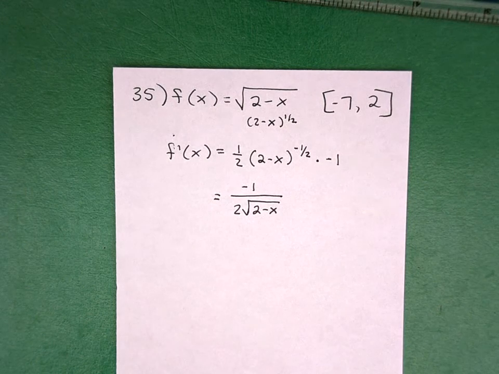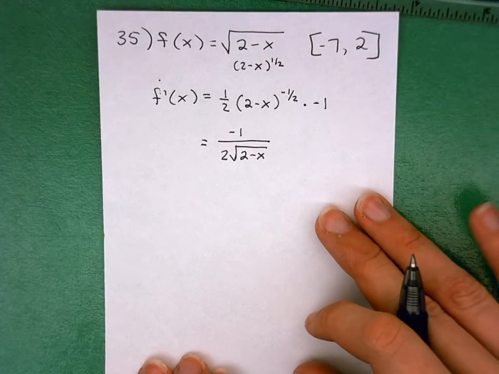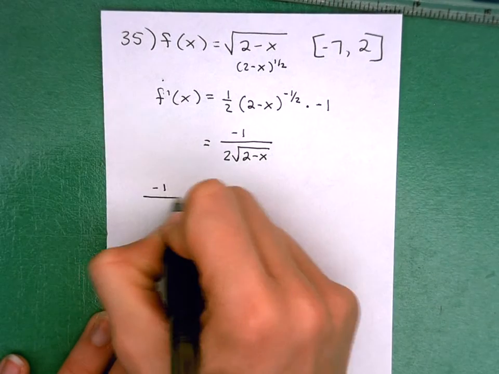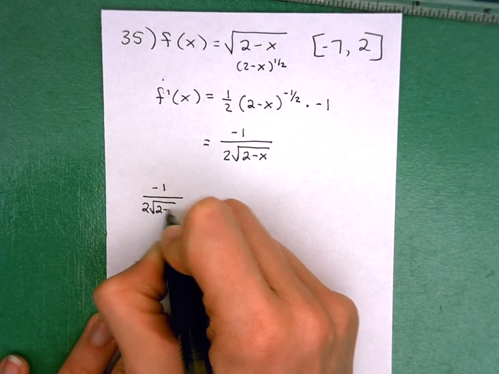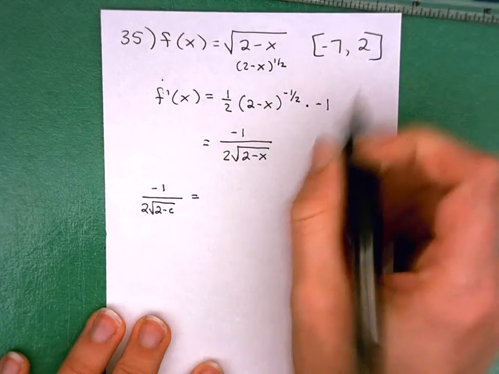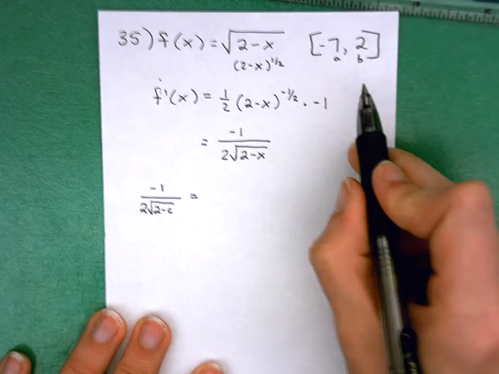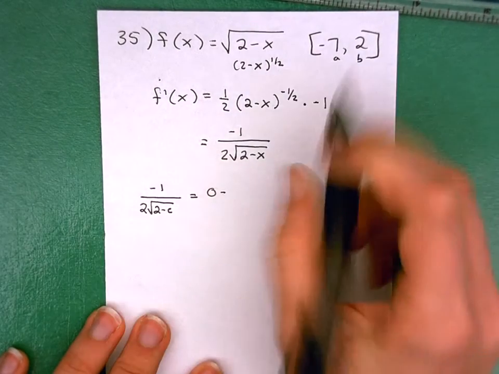And so we're going to start plugging into our mean value theorem, which starts with f prime of c, which is just f prime of x. F prime of c equals f of b, so I'm going to plug in my 2, which is my b, into my f, and I'll get 0, minus f of a.